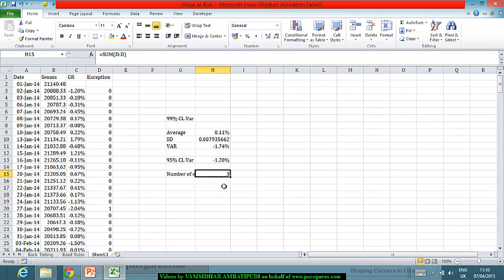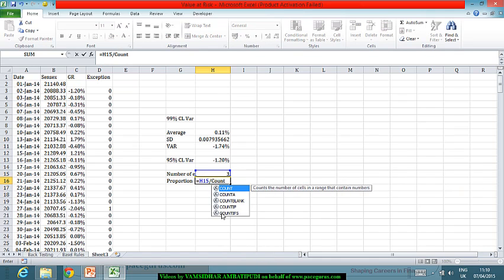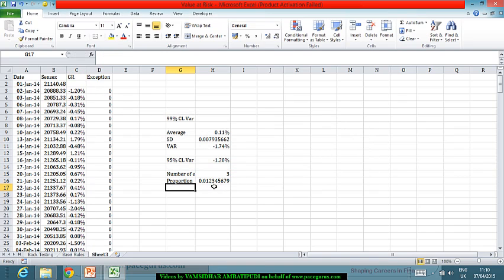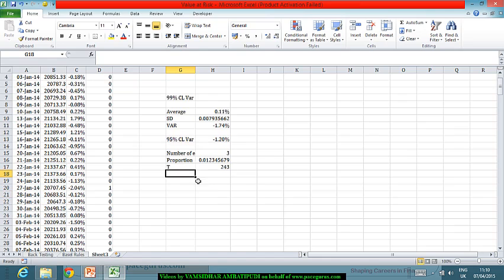Here we have the number of exceptions as 3. So the proportion of exceptions is 3 divided by the total number of samples, which is 243.